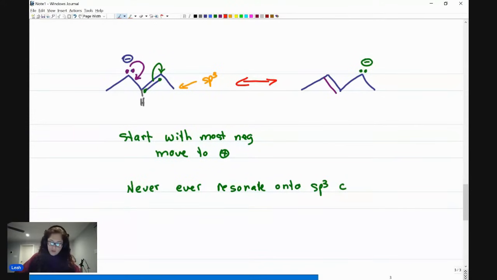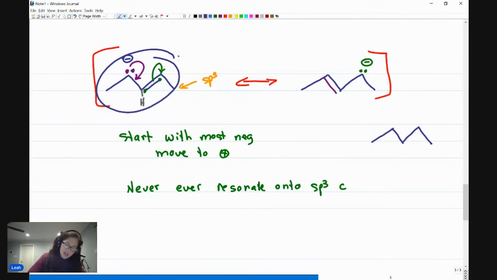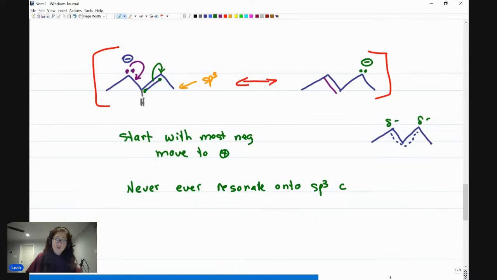All right, so we have our resonance. These are the 2 structures. So we put them into brackets. And then the resonance hybrid is the structure that exists in reality. So this is one extreme, this is the other extreme. But it's not that I have one and the other. In reality, what I have is the electrons going back and forth, with a partial negative on one, a partial negative on the other.